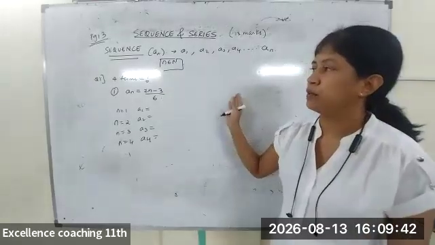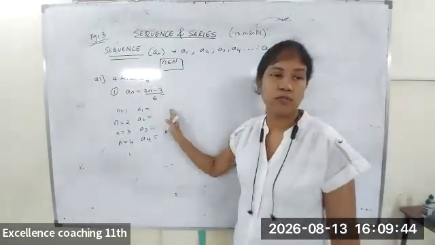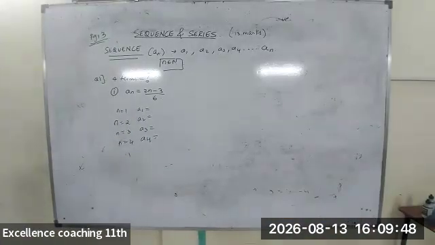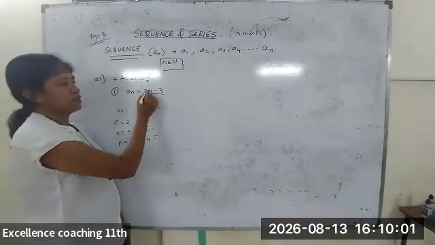It keeps continuing, but since they have told first four terms, we have to find only the first four terms. Calculate. Put the value of n. So wherever there is n, put 1.